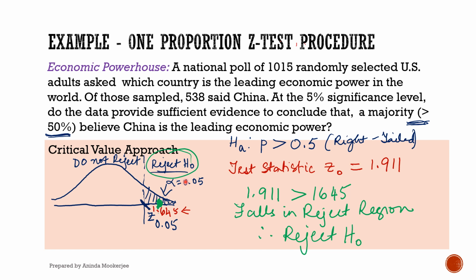So the decision is going to be reject the null hypothesis. That means the evidence won. The evidence was strong enough to reject the null hypothesis, to displace it with the belief that a majority of people thought that China was the leading superpower, right?